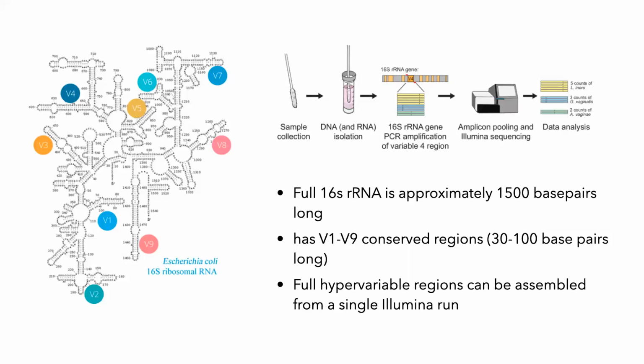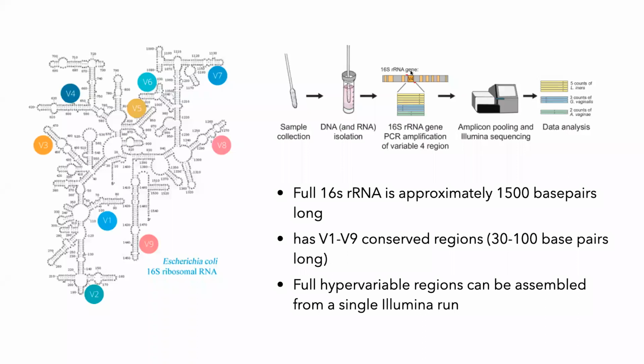And the Illumina MiSeq is a specific instrument that actually allows for that 300 base pairs and has no established protocol for reliably assembling the full gene in community samples. So as a result, this is the typical process. We have a sample collection, DNA and RNA is isolated, and then a particular hypervariable region is amplified.